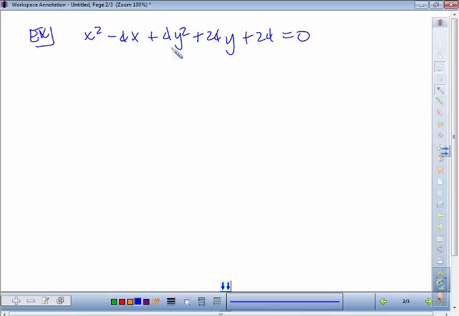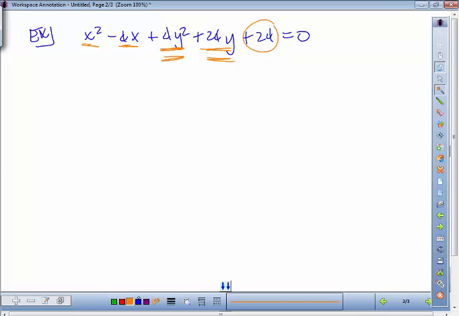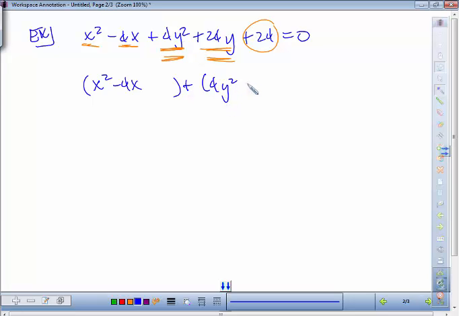So let's complete the square. And for completing the square, again, we want all the x's together and all the y's together. And then things that don't have an x and y can go on the other side. So we have x squared minus 4x. This part I think will be easy to complete. But now we have a 4y squared plus 24y.